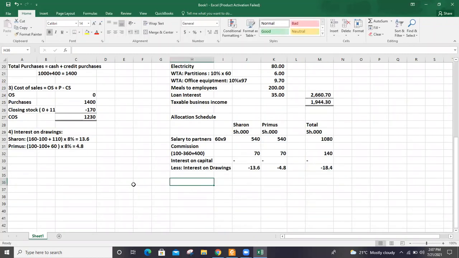So therefore, we have the taxable business income. The total income from the business was this one. Out of this, what will be the share of profit or loss as the balancing figure?